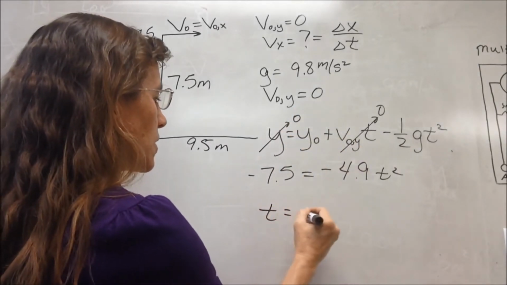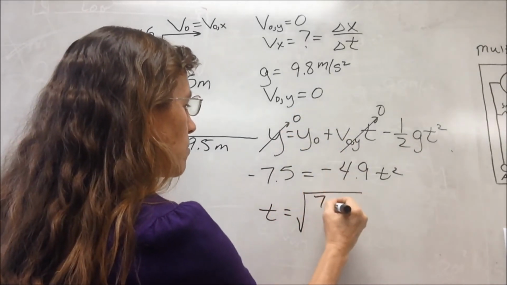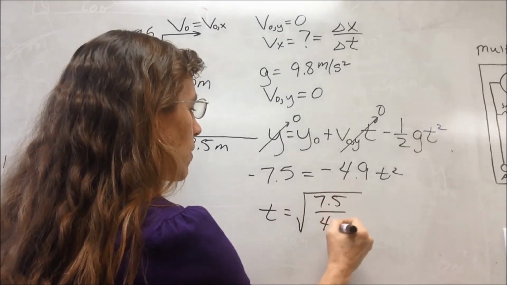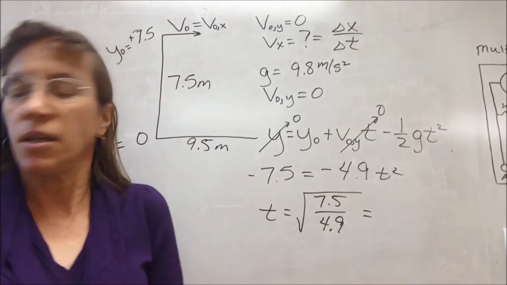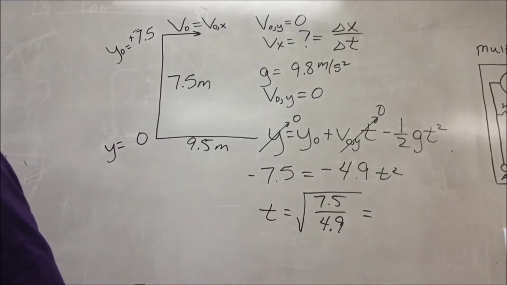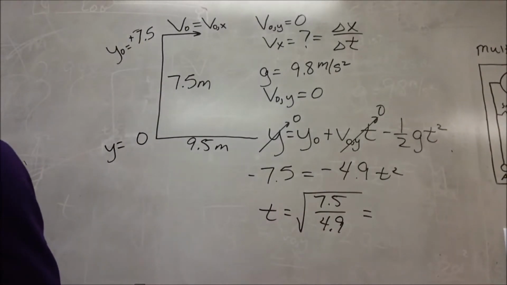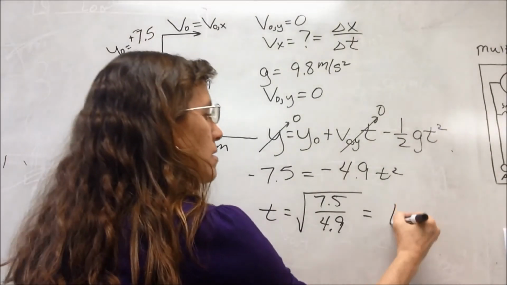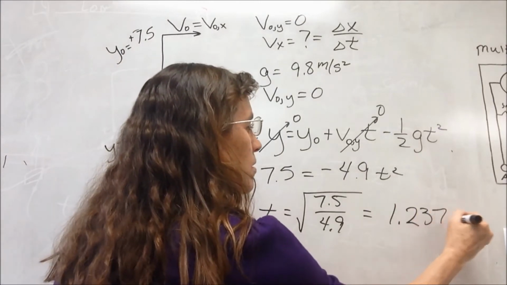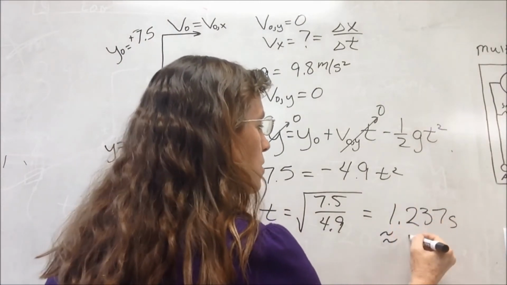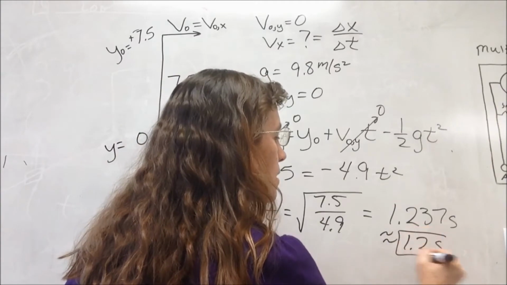So t is going to be the square root of 7.5 over 4.9. And when I solved that equation, I got 1.237 seconds, which rounds to 1.2 seconds.